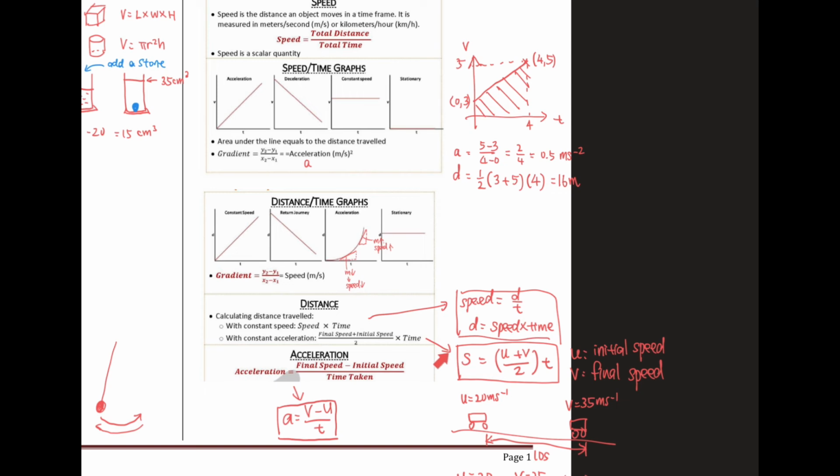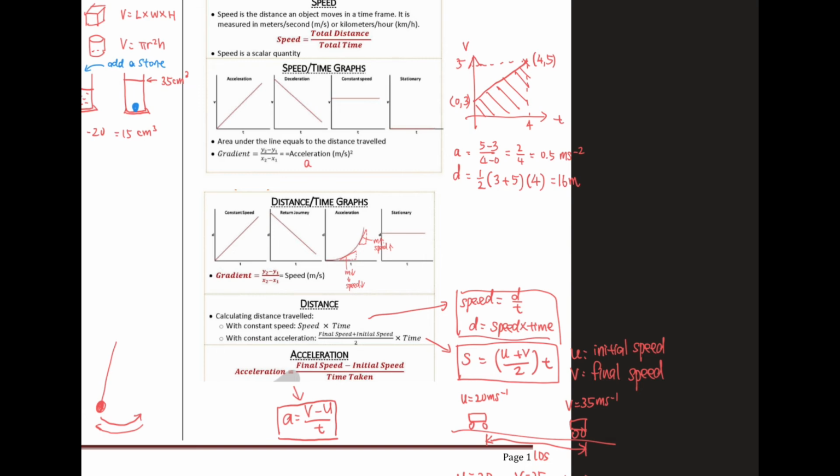So we can use s equals to bracket u plus v over 2 close bracket t when there is no acceleration. Yes, correct. When there is no acceleration, then you use this formula. I still don't understand the acceleration formula.